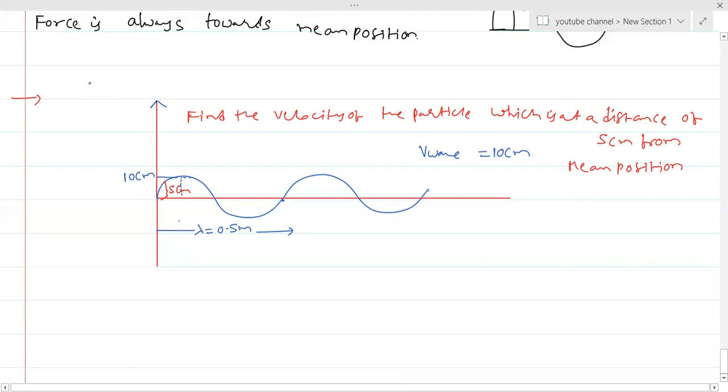So we need to understand this. Suppose 5 centimeters. 5 centimeters means we need to understand this.